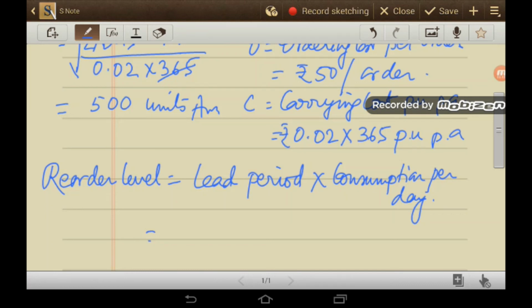So this is the gap between the date of placement of order and when the order is received. So this is given as 32 days and consumption per day is 50 units. So this gives 1600 units.